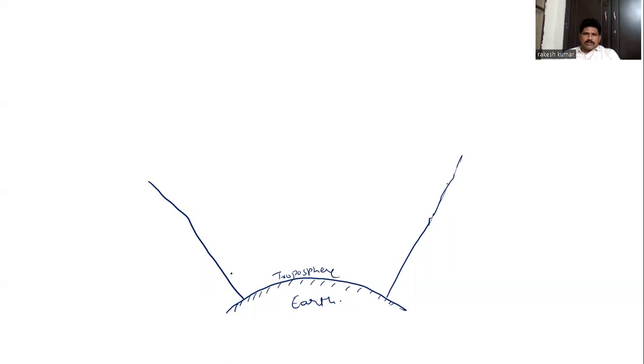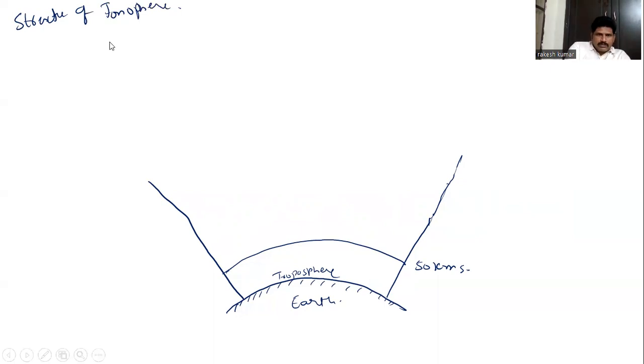Let us consider the troposphere extends up to 16 kilometers. Beyond that, at 50 kilometers, the ionosphere starts.